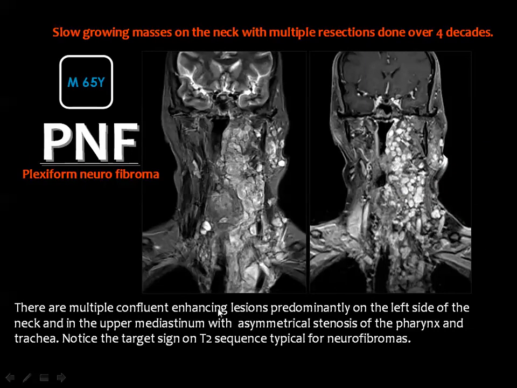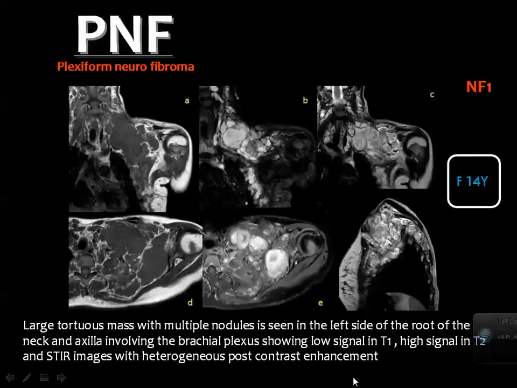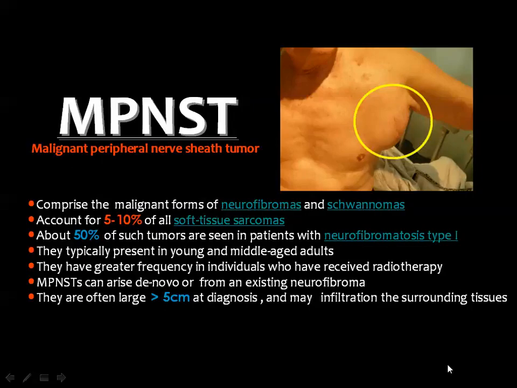And this is a plexiform neurofibroma of the neck, a huge mass made of small lesions of neurofibromas extending into the mediastinum. Then this is also a female patient, 14 years old, known to have neurofibromatosis type 1. The images show a big mass infiltrating the root of the neck, extending into the axilla, low signal in the T1, high signal in the T2 and the STIR, with heterogeneous post-contrast enhancement.